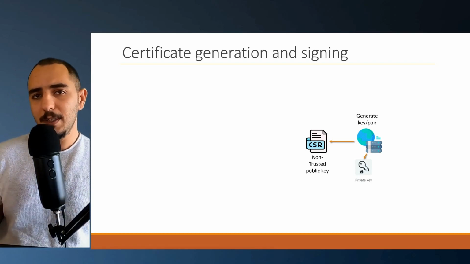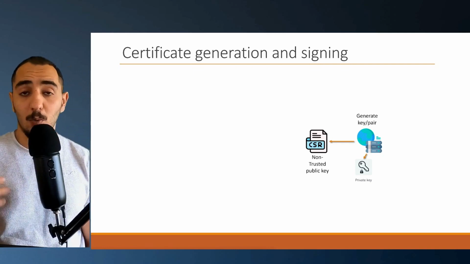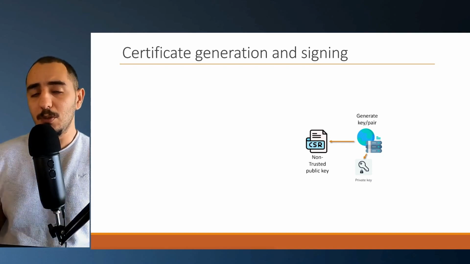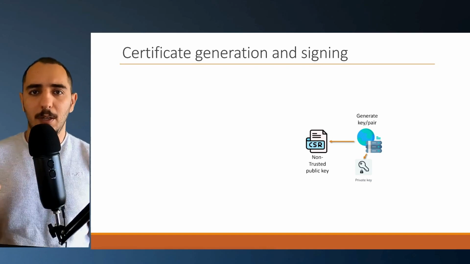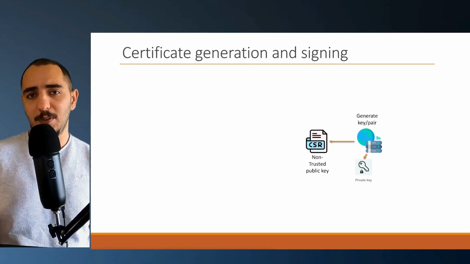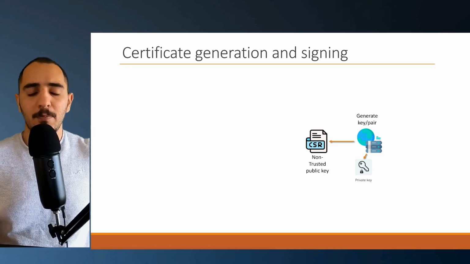The private key is going to be kept secure. I won't be exchanging it, because if the private key got compromised, it's a problem. It's a security breach. And if my private key got compromised, I would need to revoke the certificate. But we'll come into certificate revocation in another video.